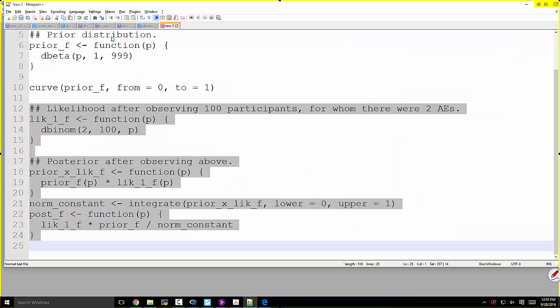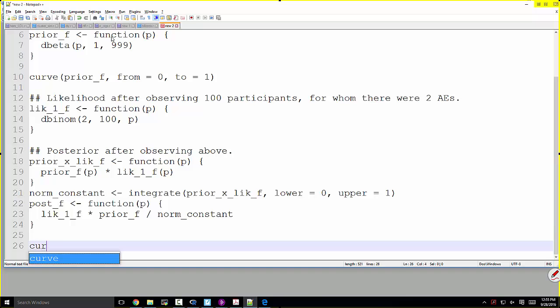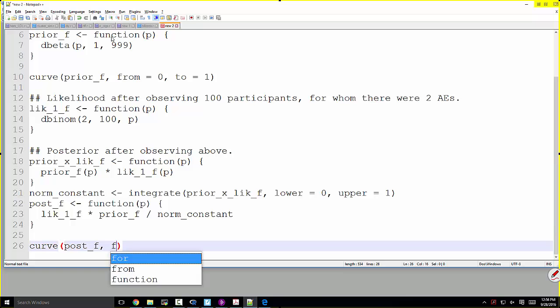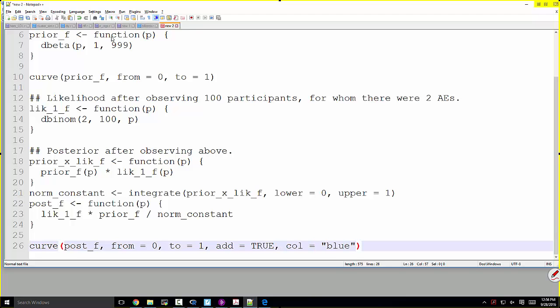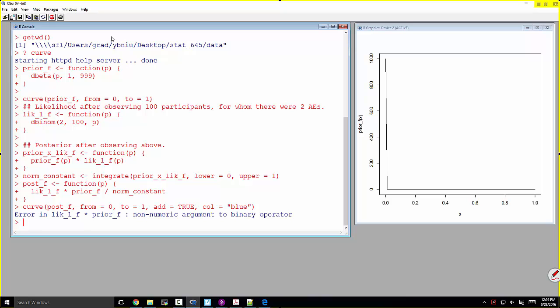And we could draw this, could add it to the curve up above, curve post f from 0 to 1, add equals true. And I'll go ahead and give it a different color. Add equal true means don't make a new plot. Non-numeric argument. Let's see.